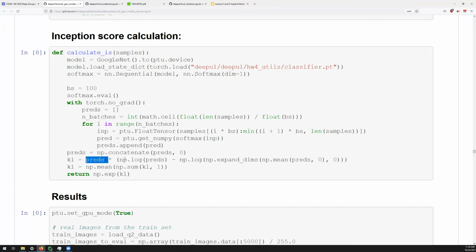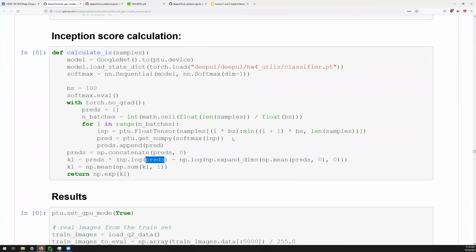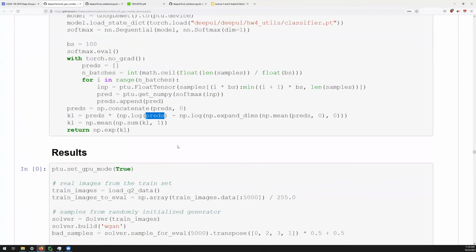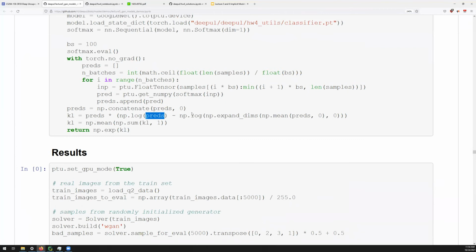You get the predictions, and then it's the exact same formula, just in this way.